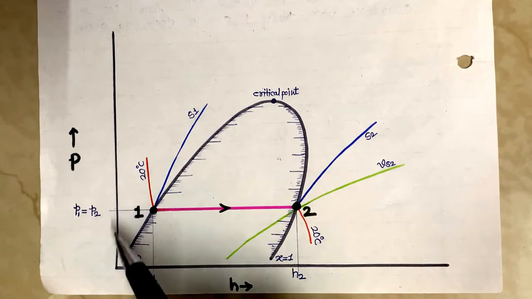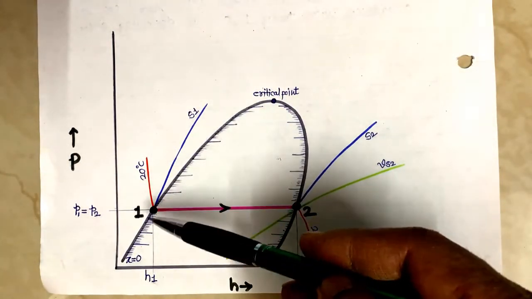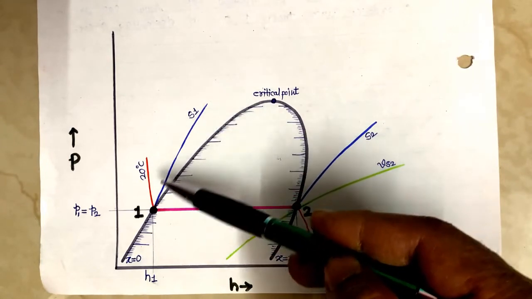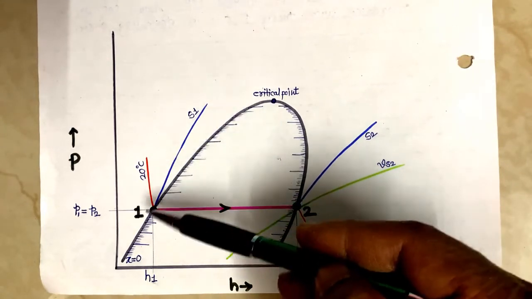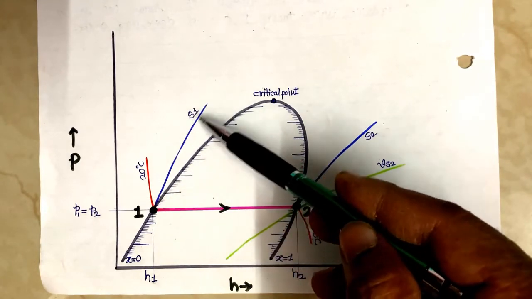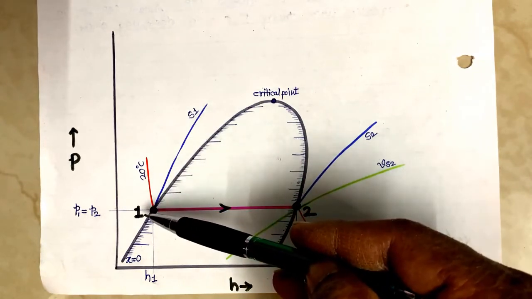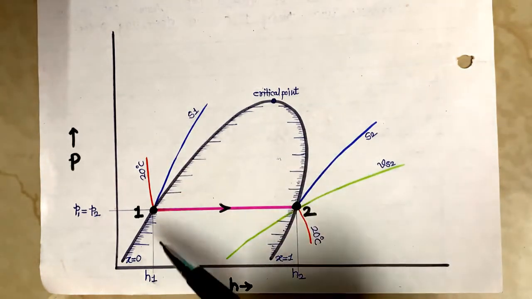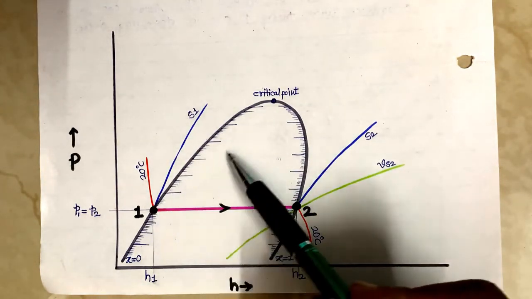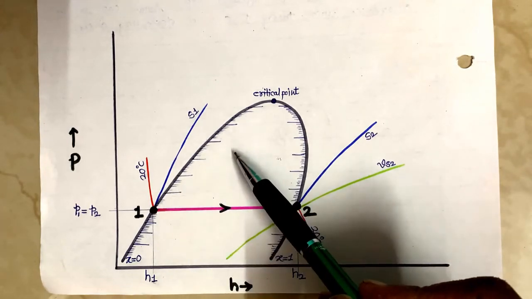Also we have isentropic curves, that is, the constant entropy curves. The curve which passes through point number 1 gives me the entropy at point number 1.